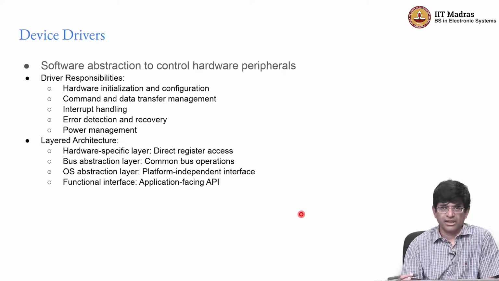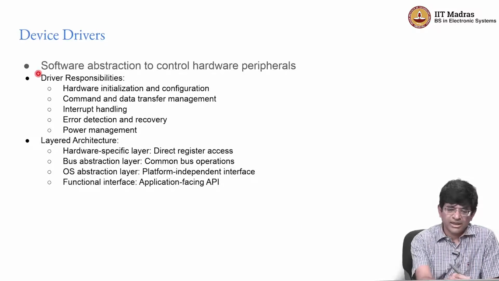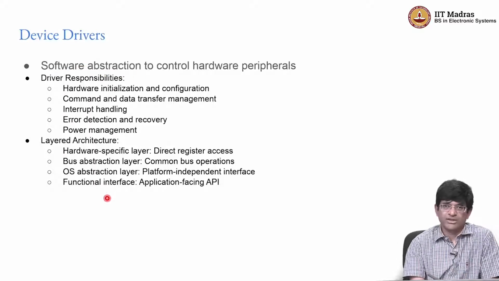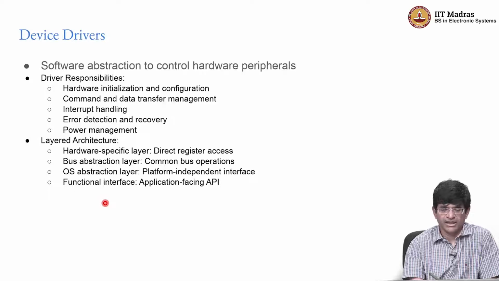Moving on, and keeping in mind the idea of abstraction that we have been talking about, device drivers are essentially a software abstraction that helps us to control hardware peripherals, right.